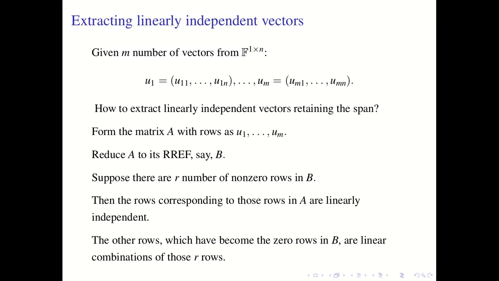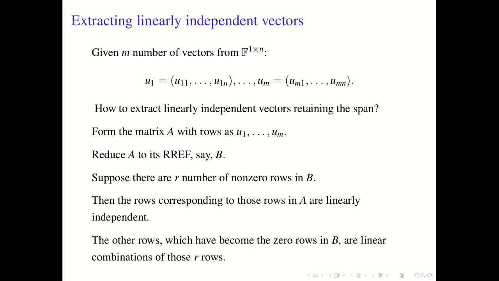The elementary row operations and getting to row reduced echelon form gives us one method. Suppose you write u1, u2 up to um as rows of a matrix A. Then reduce A to its row reduced echelon form.